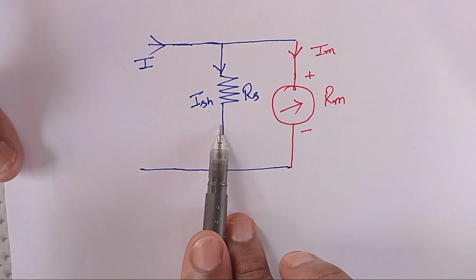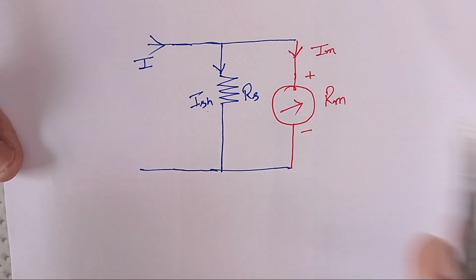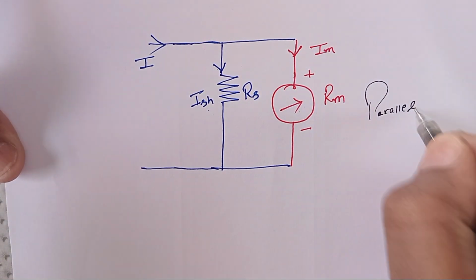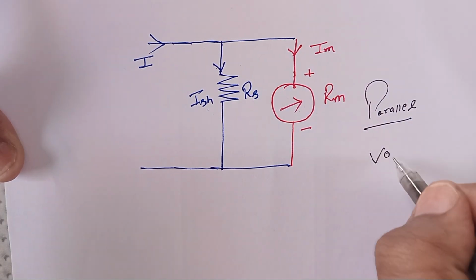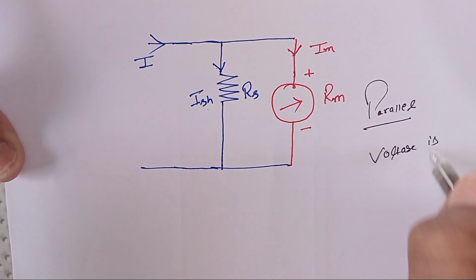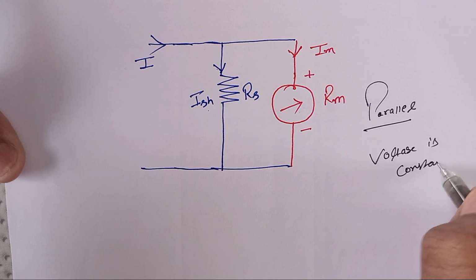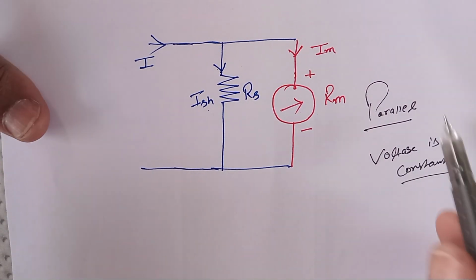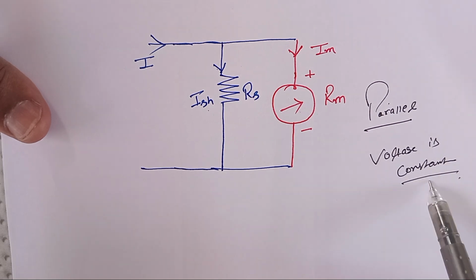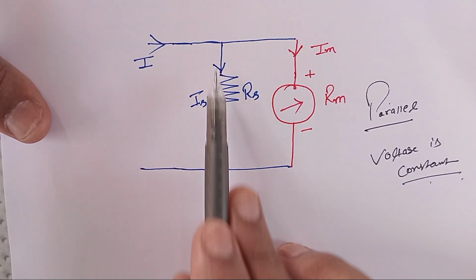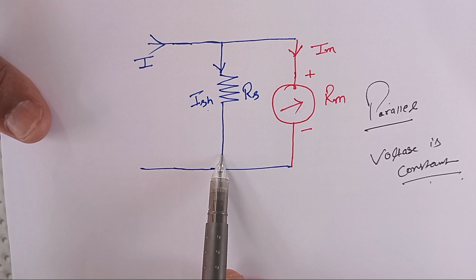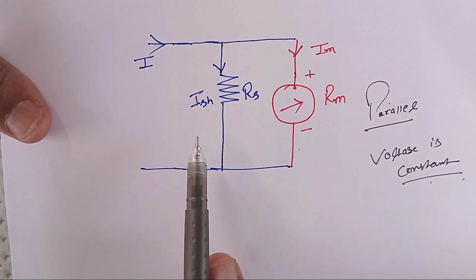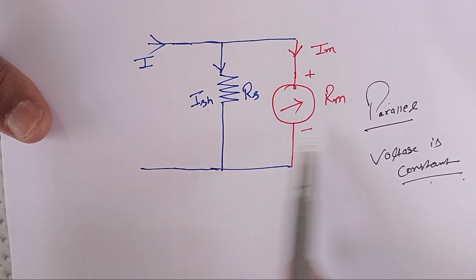In case of parallel connection, voltage is constant. That is the point we have learned previously. That means the voltage in this path is equal to the voltage in this path.